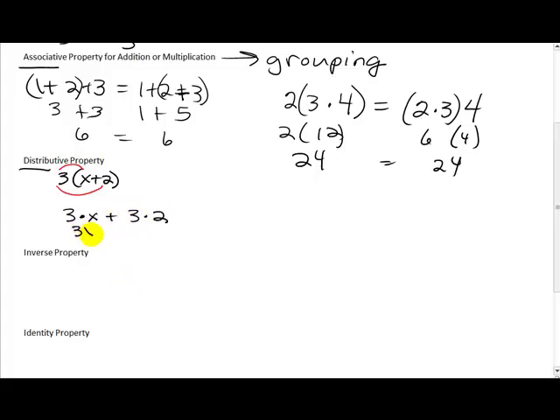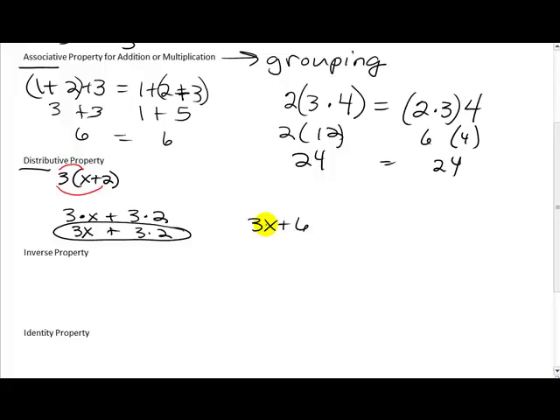That's what it looks like before we finish it out and say it's 3x plus 6. So remember this when you're doing your homework. They're going to ask you to just expand it, not to complete it.